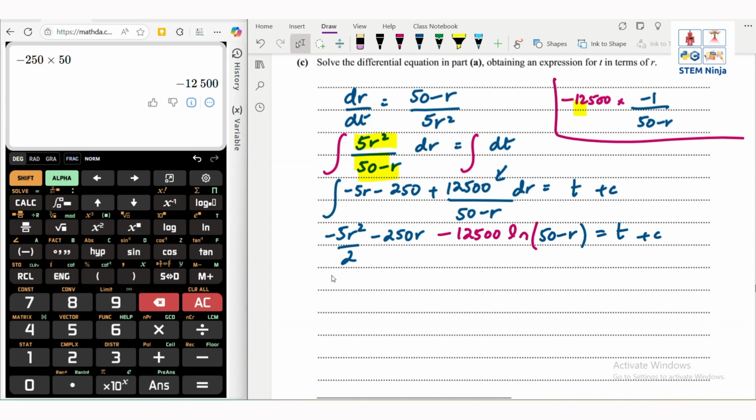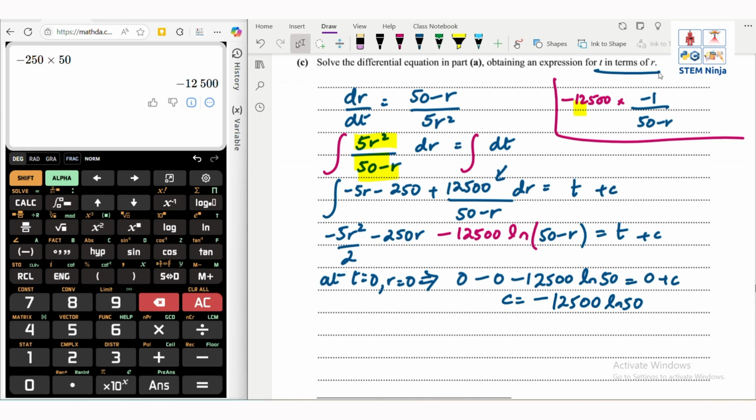Now they gave us a condition in the start that at t equal to 0, r is equal to 0. So when we plug this in, we have 0 minus 0 minus 12500 ln 50 equals to 0 plus c. So that means c is minus 12500 ln of 50.